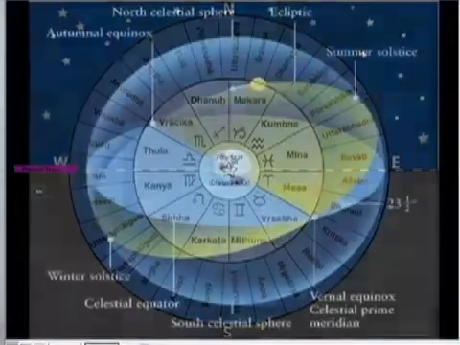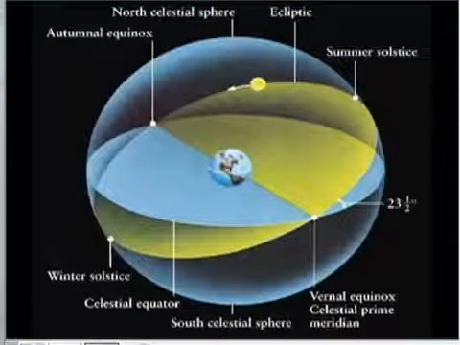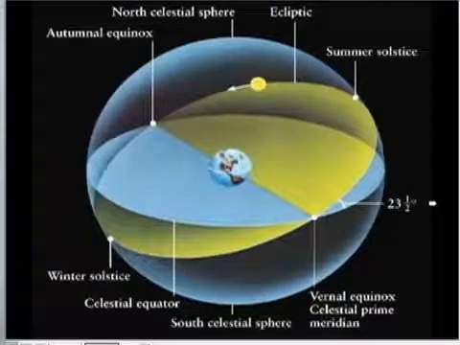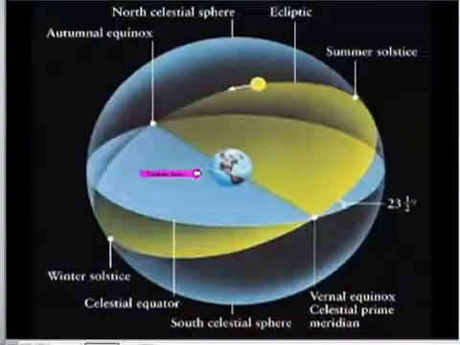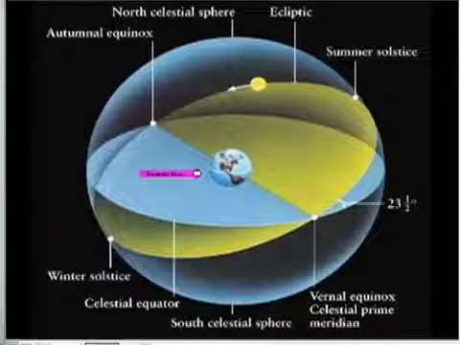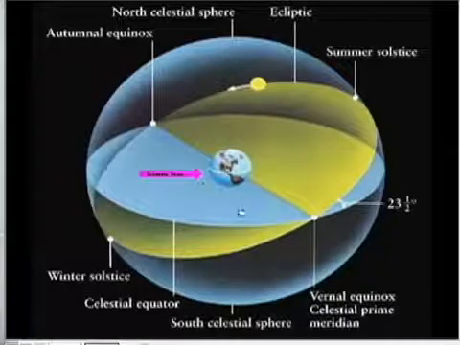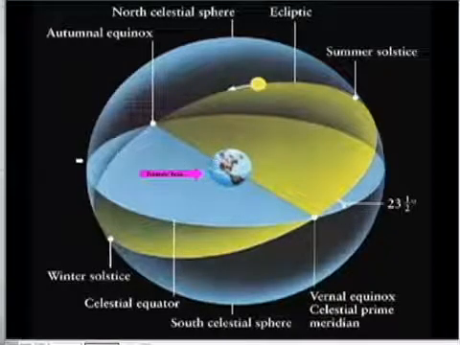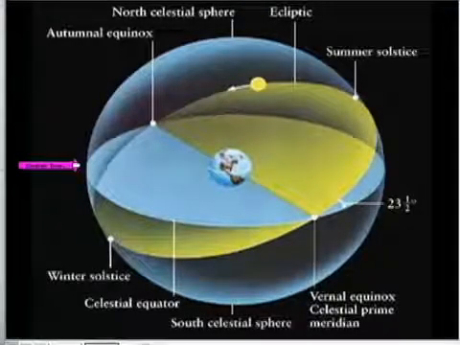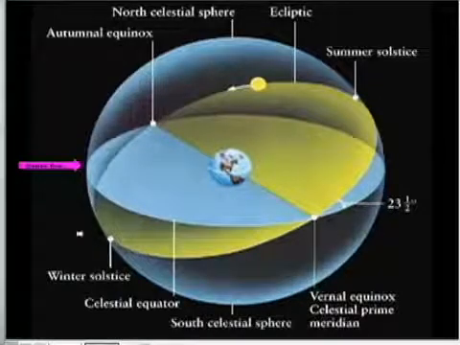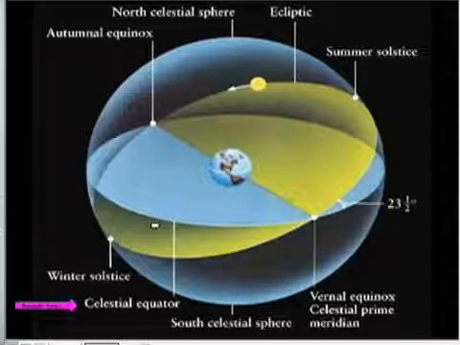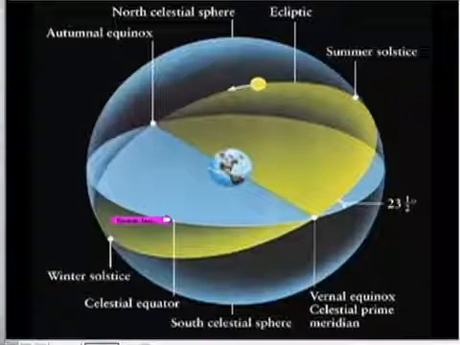Let's give another picture, just to make this really clear. Here's the Earth in the middle. And so the extension of the Earth's equator is out here. This is the celestial equator. See, here's the label down here, celestial equator.